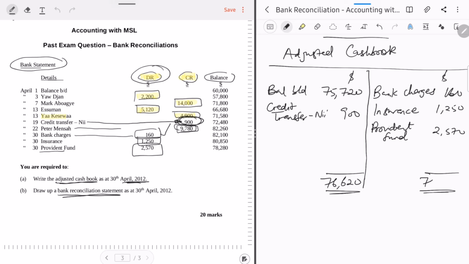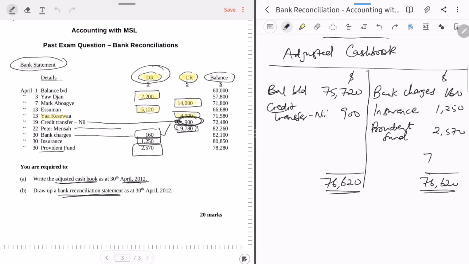So I put the same 76,620 here, and then I subtract these figures from it. So minus 160, minus 1250, then minus what? 2570. That gives me 72,640.